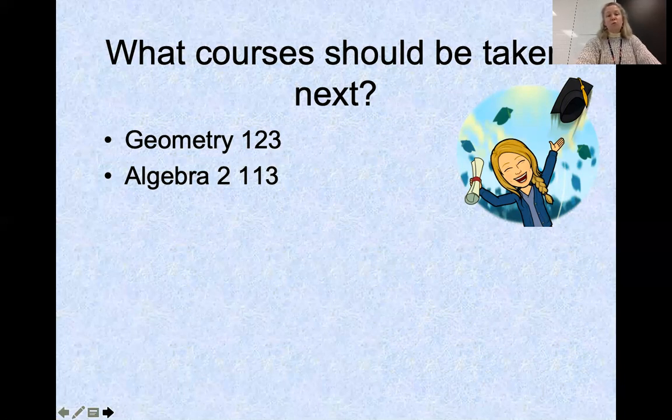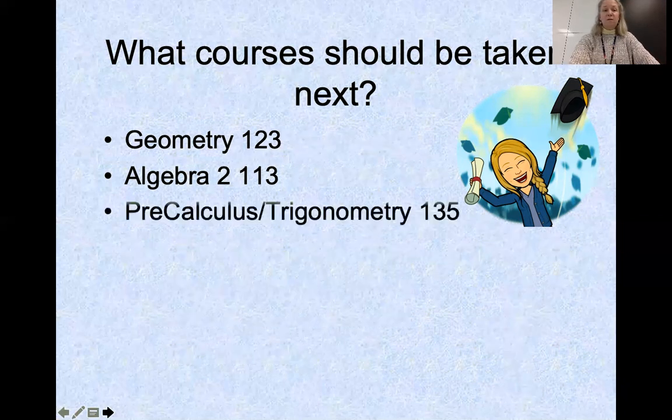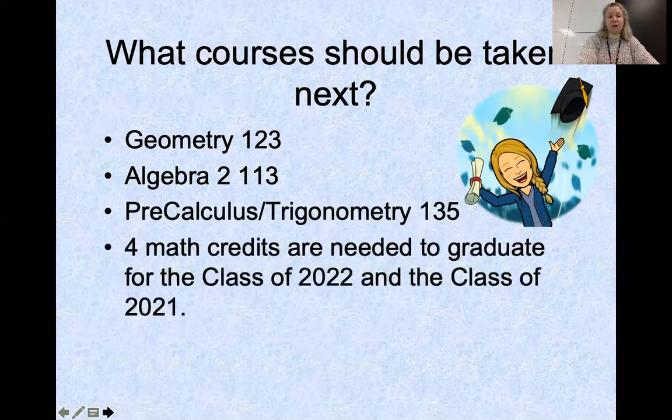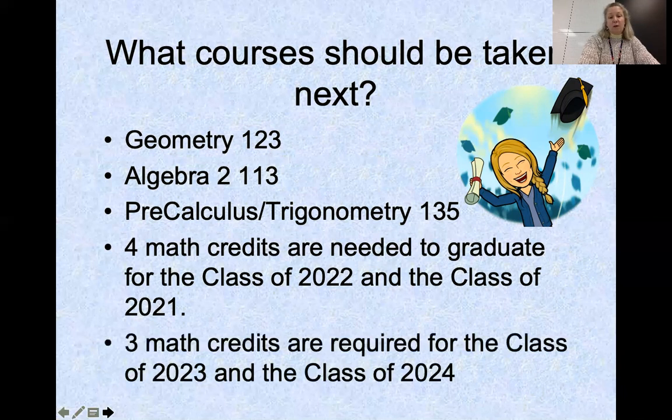Then Algebra 2 113 would be next. Pre-calculus and trig would follow that. 4 math credits are needed if you're in the class of 2022 or class of 2021, and then 3 math credits for the others. We do have a Stats class at the high school. We also have AP Stats, AP Calc, and an applied calc class.